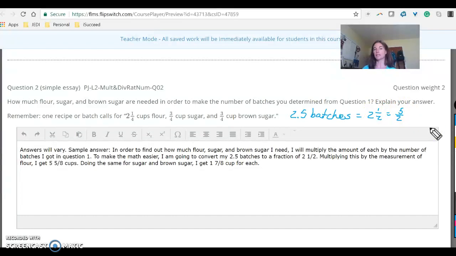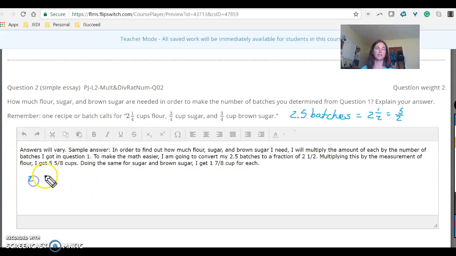Okay, so for each one of these, we're going to do the calculation slightly differently using a different form of our rational number. So for the first one, if I have 2 1/4 cups of flour per batch, and I know that I need 2 1/2 batches, let's see what I need for 2 batches.